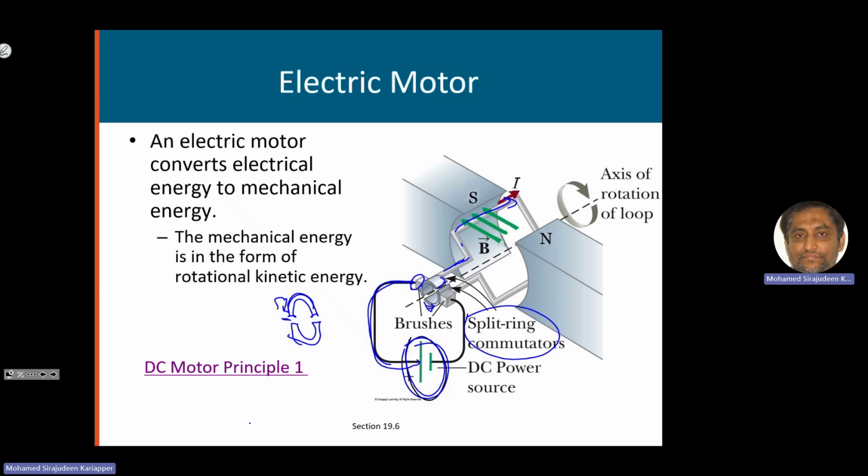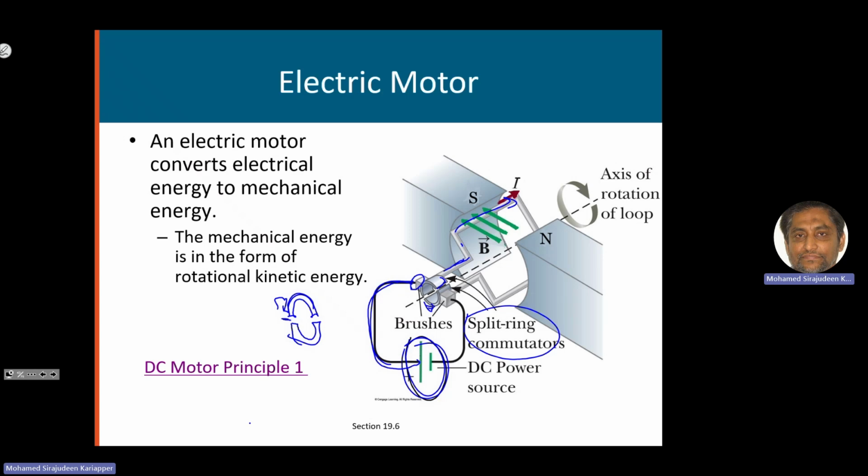So it will continue to rotate. This mechanism of split ring commutator will make the torque, in this example, clockwise continuously. So the loop will not stop, it will continue moving.